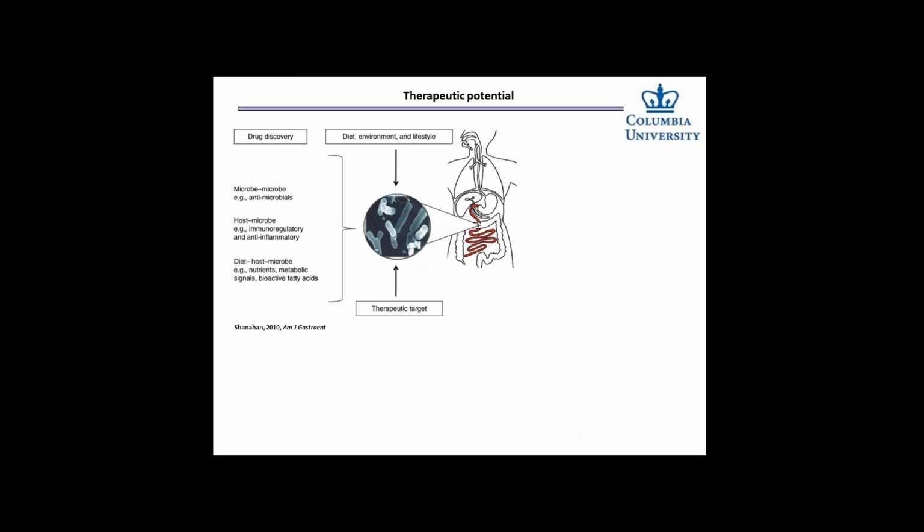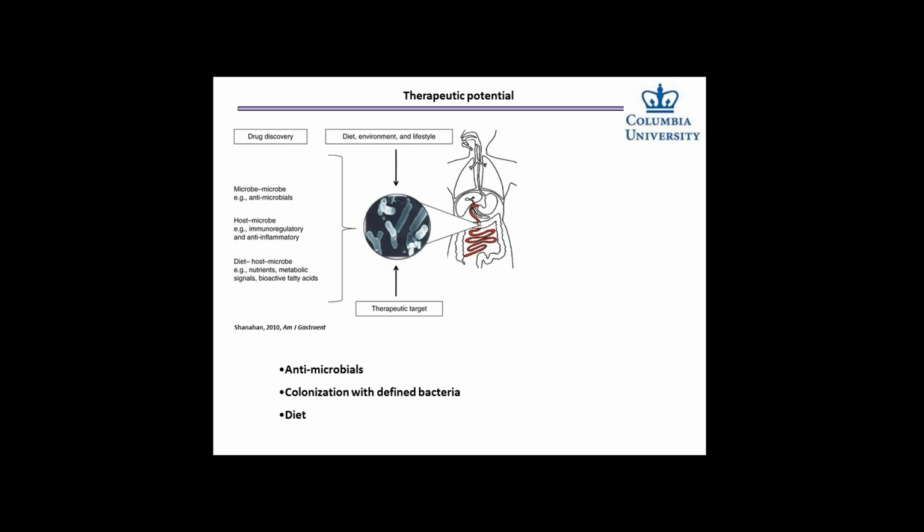I guess what I just wanted to point out is that we now know that microbiota is an important therapeutic target. We know that microbiota composition affects a number of biological functions, and we want to be able to manipulate this target. However, the arsenal of weapons to manipulate it is relatively limited.